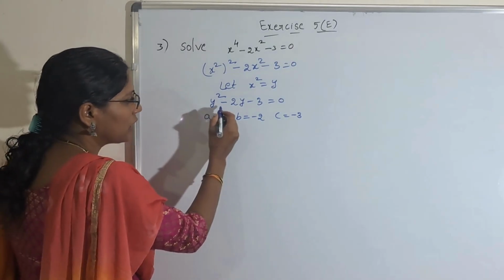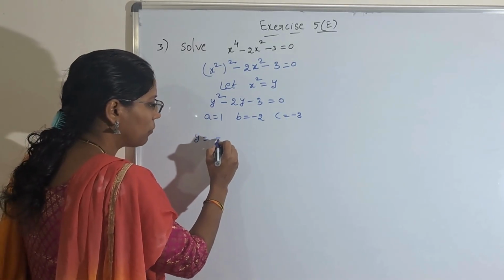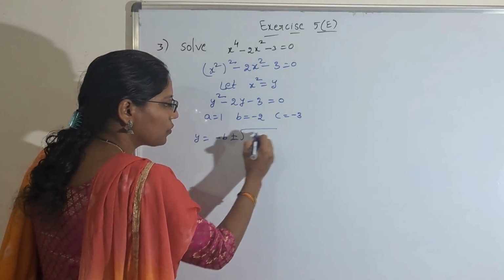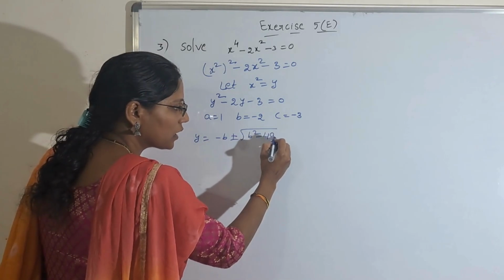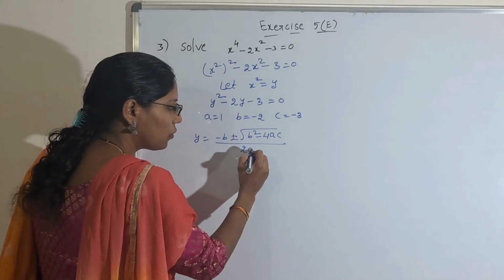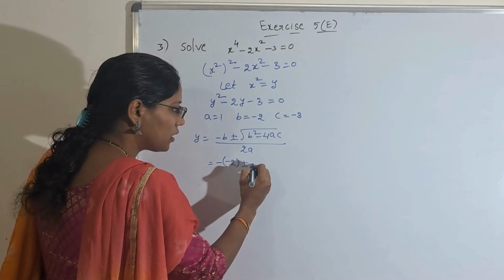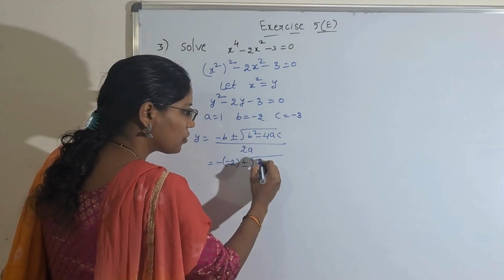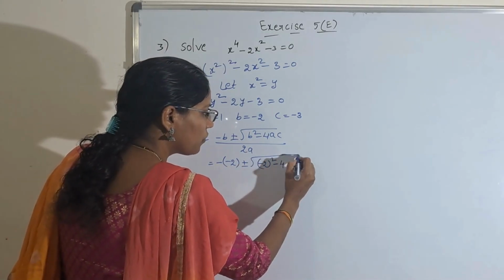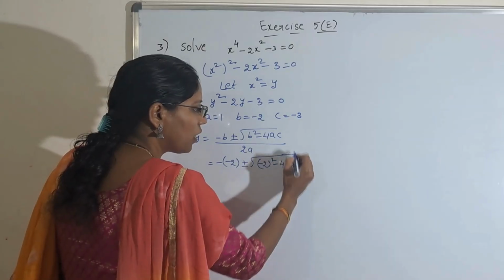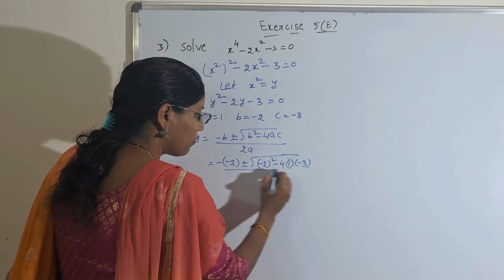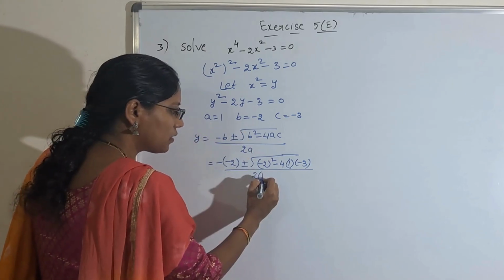Here formula method. Y is equal to minus b plus or minus root of b square minus 4ac by 2a. Minus b value is minus 2, plus or minus root of b value minus 2 whole square minus 4 into a value is 1, c value is minus 3, by 2 into a value is 1.